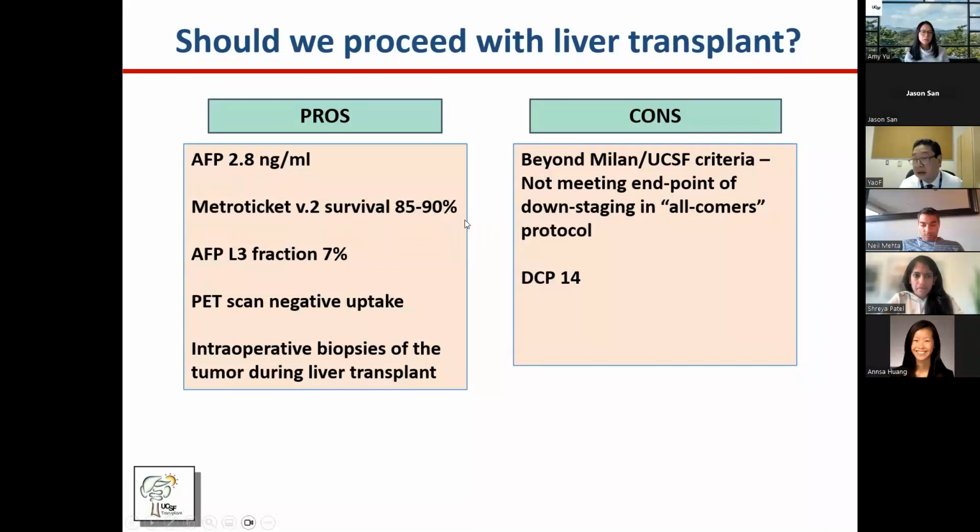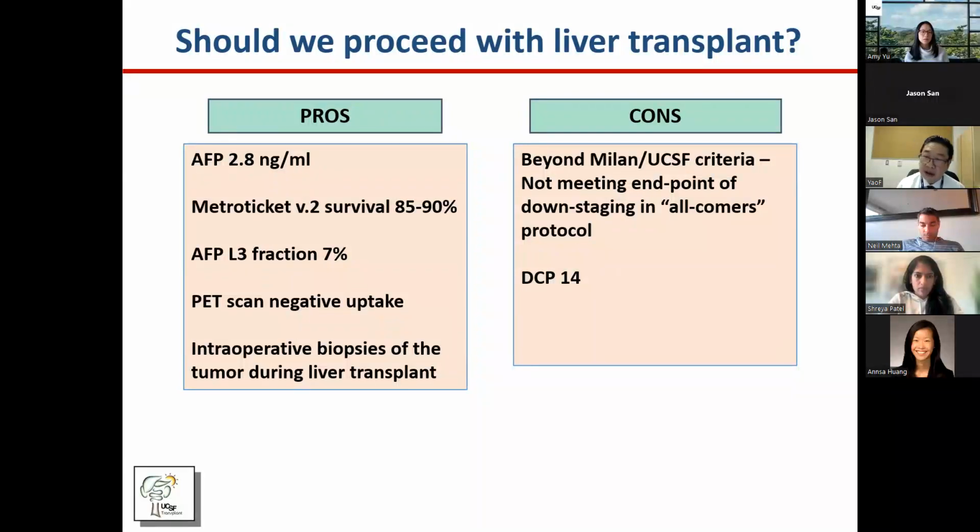So I talked to the surgeon, I talked to John Roberts, and said, why don't you take an offer for this patient and then do an intraoperative biopsy. If it's a poorly differentiated tumor, then you should exclude this patient and not transplant. If you see well or moderately differentiated tumors, you can go ahead and transplant this patient.